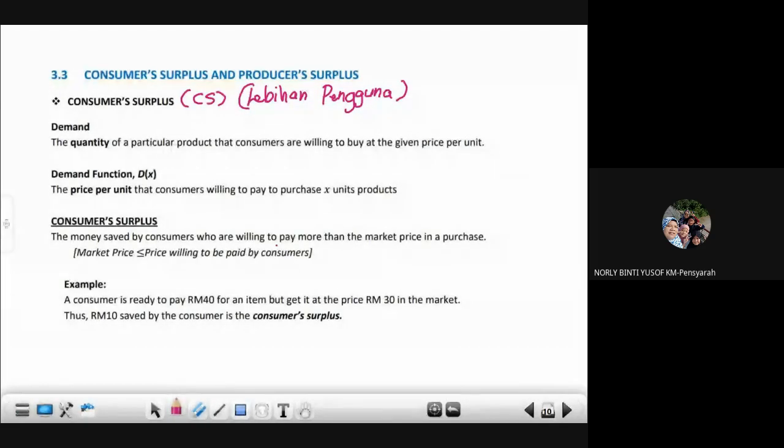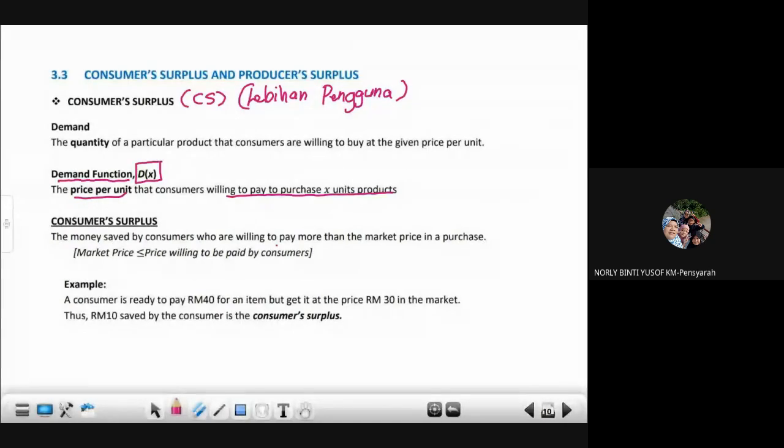So the demand, the quantity of particular product that consumer are willing to buy at given price per unit. So demand function adalah DX. Dekat 3.1 demand function you PX kan. Tapi ni dalam consumer surplus DX. Okay. Price per unit that consumer willing to pay to purchase X unit product. Sebab dalam 3.1 kan demand function you PX tu sebenarnya price function kan.